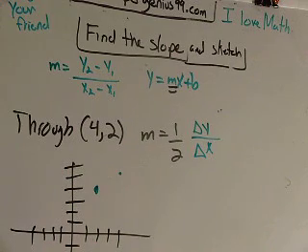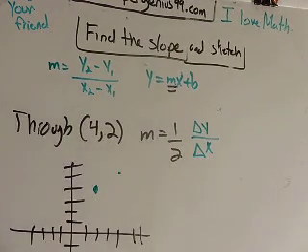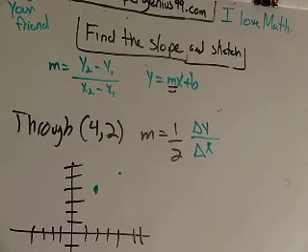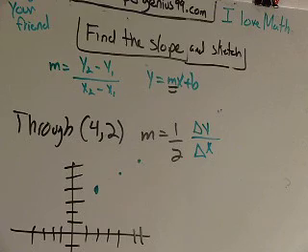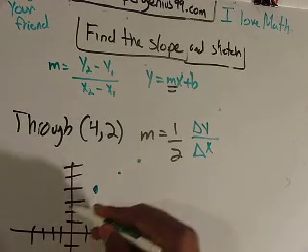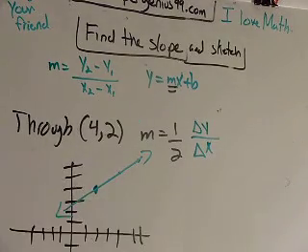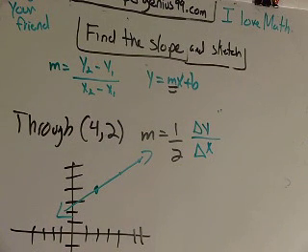I need to add some more tick marks here. Up 1, to the right 2. And then just draw a line through those 3 points. And voila. You have your line.